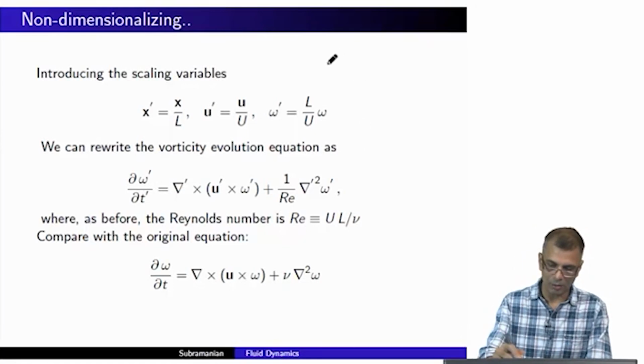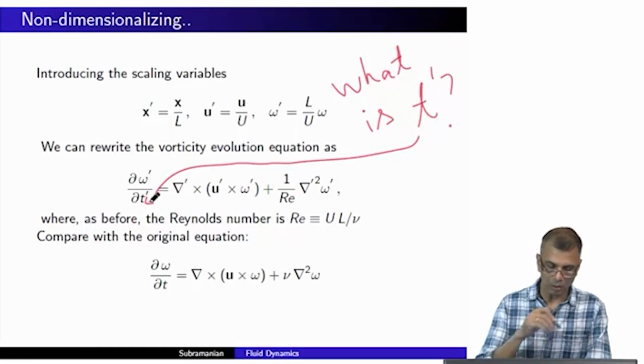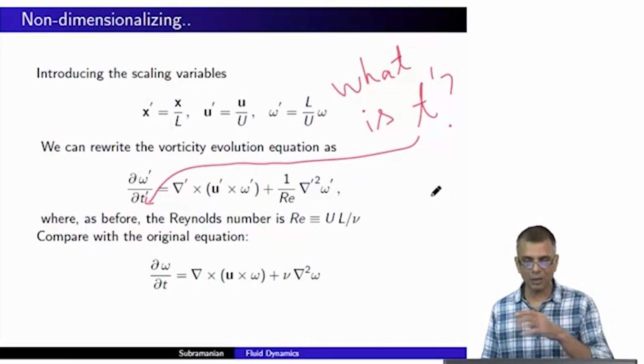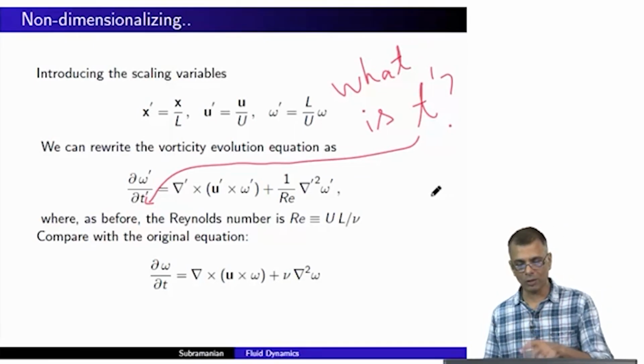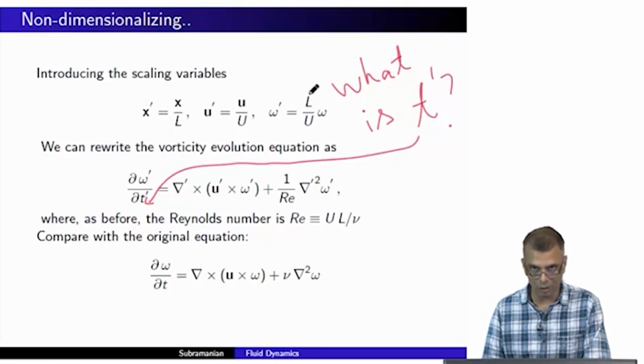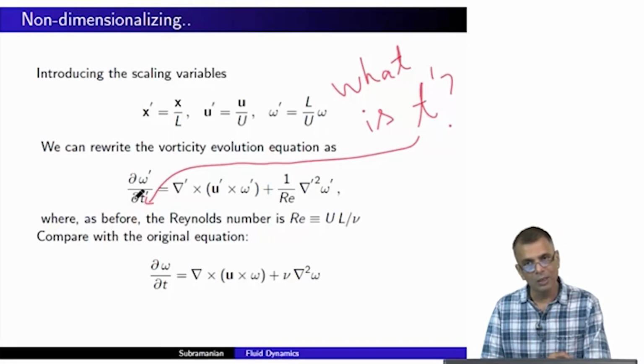What is T prime? I leave you to think about that. Again, what is time non-dimensionalized? What's the unit like? Just like here, in order to non-dimensionalize the vorticity, I use L over U. So what should I be using to non-dimensionalize T?